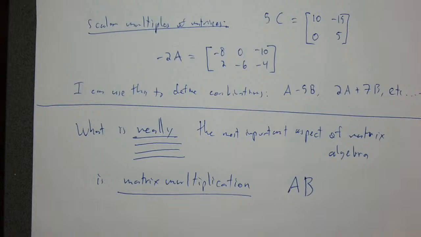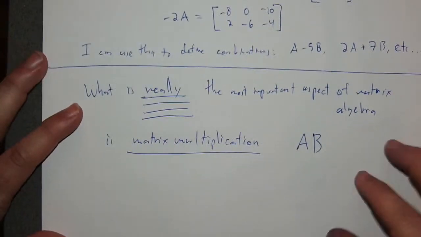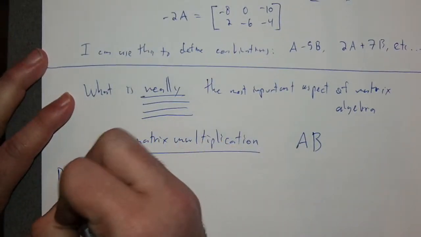Now, it turns out that multiplying two matrices is more involved. So how does this go? Here is the following definition.